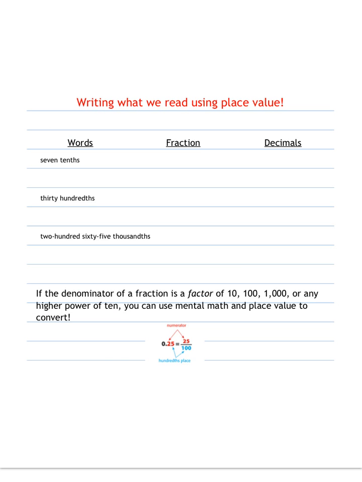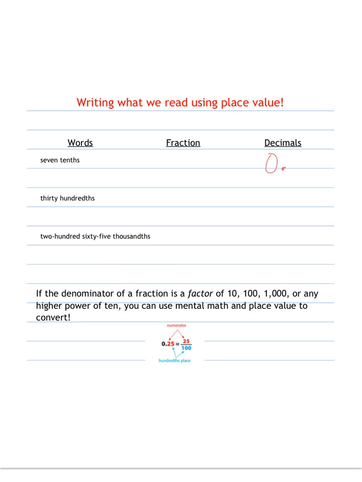Here we are looking at writing what we read using place value. So we are given some words here and we want to write them in both fraction and decimals. So our first example is, when we read it, it reads as 7/10. Okay, and since we've been working a lot with decimals, I'm going to start with that one. So the tenths we know is the first spot to the right of our decimal.